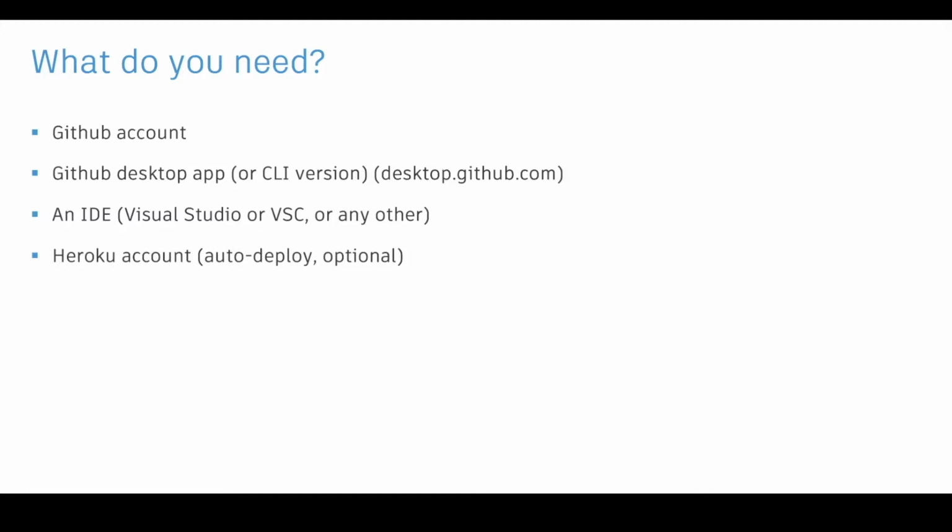But in our case, we will use the desktop application just for simplicity. You can use any integrated development environment like Visual Studio or Visual Studio Code, or any other as well. And at the end, a Heroku account will be needed in case you want to deploy the application and also automatically deploy the application every time there are new changes.